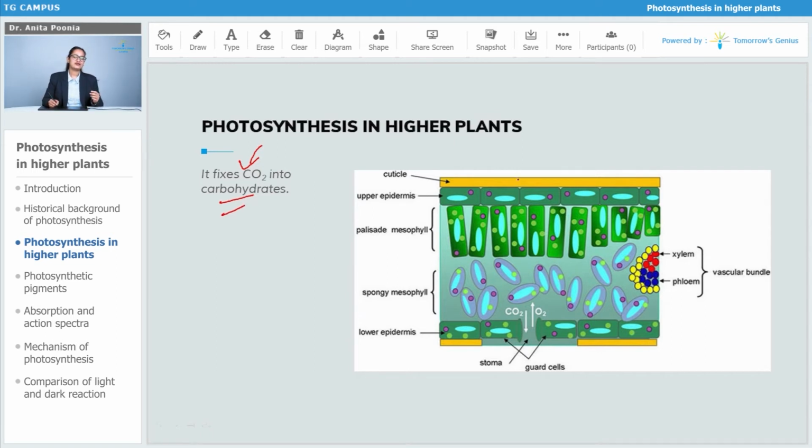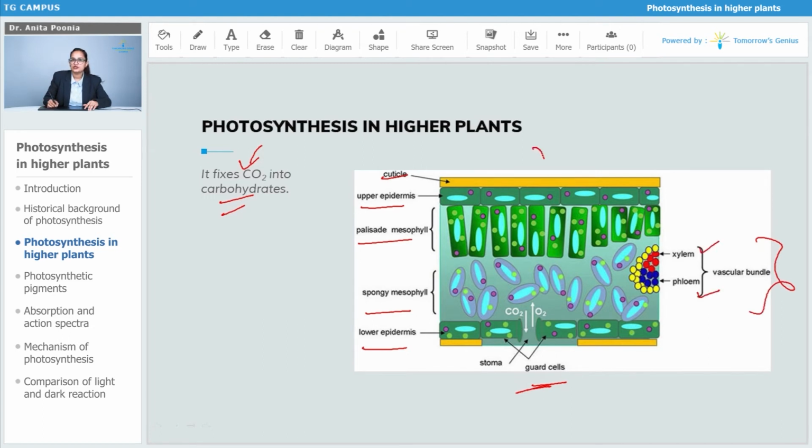Students, it's very important that you be aware of the diagrammatic as well as the real image of the transverse section of the leaf, and you must know the position of each and every cell. That's the cuticle, upper epidermis, palisade mesophyll, spongy mesophyll, the lower epidermis, the stoma, the guard cells, where they are situated, and also the vascular bundles like the xylem and the phloem.